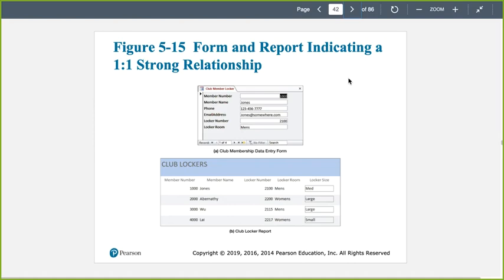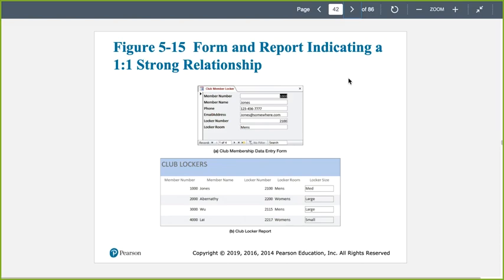This is an implementation of a one-to-one strong relationship, where you have a person using a locker. Every time you go to the gym or some sort of sports club, everybody has one and only one locker. That's the rule of that particular club.